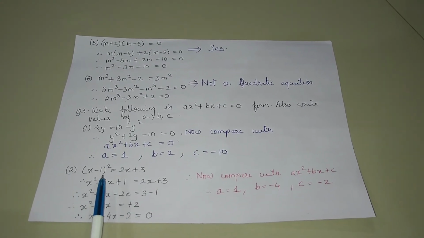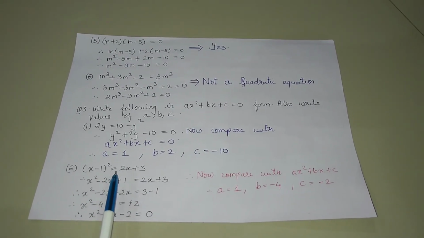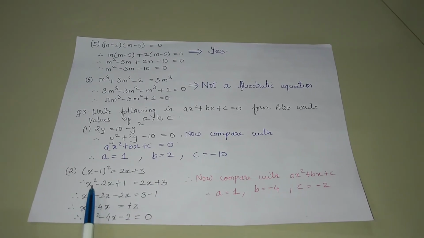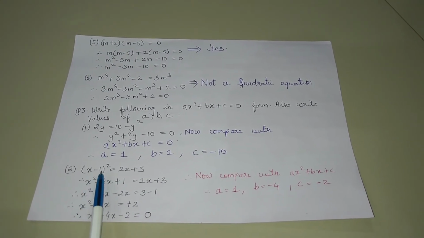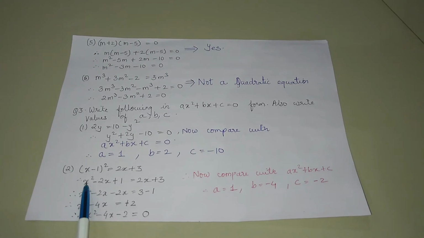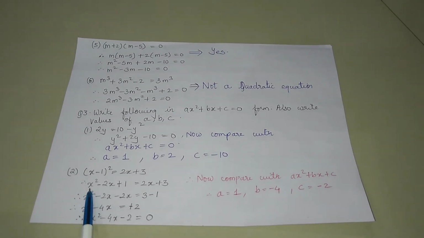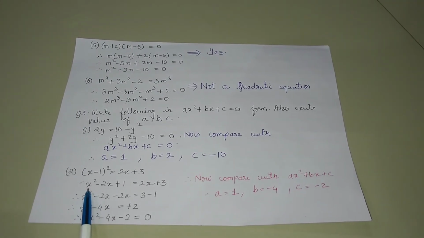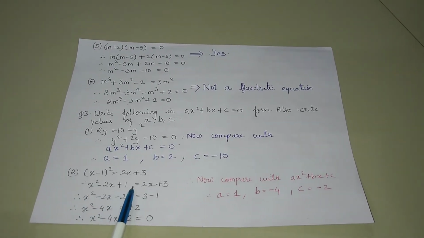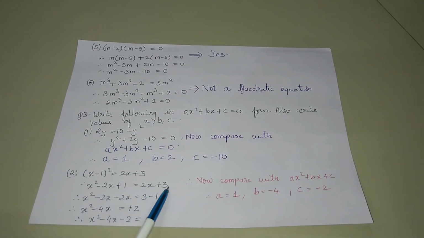So (x - 1) whole square is equals to 2x plus 3. So this is the (a - b) whole square formula. By using that formula, that is a square minus 2ab plus b square, we can write this as x square minus 2x plus 1 is equals to 2x plus 3.